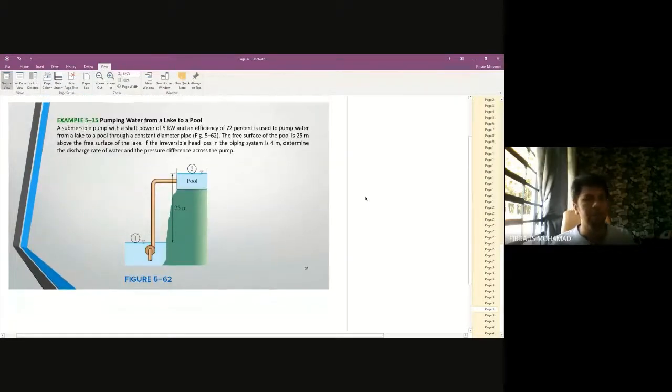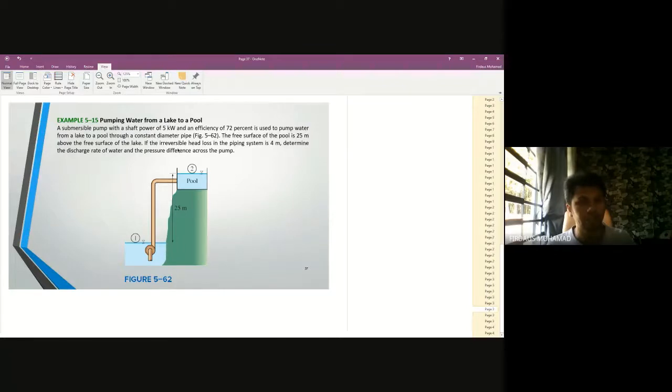Okay, so cuba baca ni. A submersible pump with a shaft power of 5 kilowatt and efficiency of 72% is used to pump water from a lake, from lake point 1 ni, to a pool ke atas ni through a constant diameter pipe. The free surface of the pool is 25 meter above the free surface of the lake.